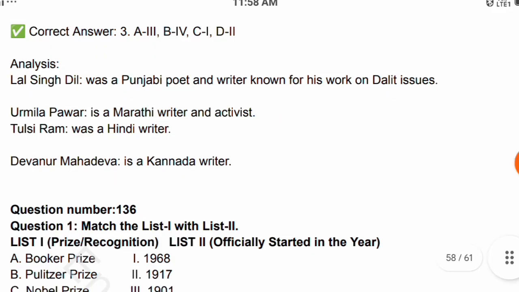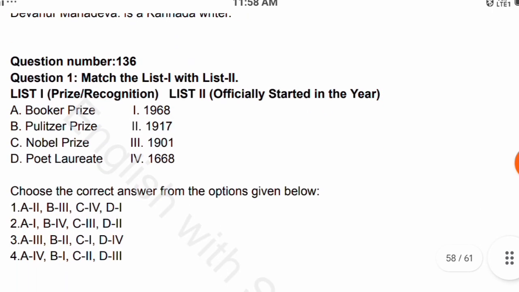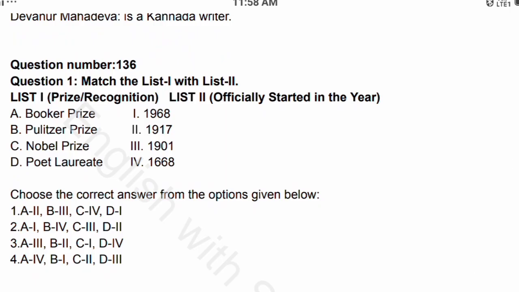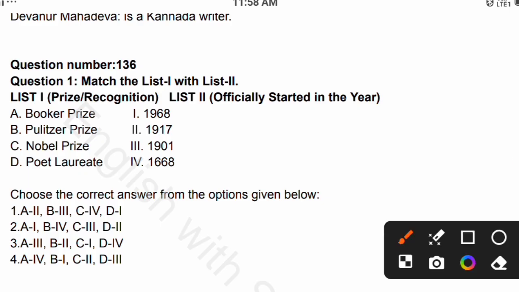Question number 136. You have to match List 1 prize recognition with List 2 officially started in the year. A, Booker Prize, B, Pulitzer Prize, C, Nobel Prize, and D, Poet Laureate. What could be the correct answer, everybody? See the options.